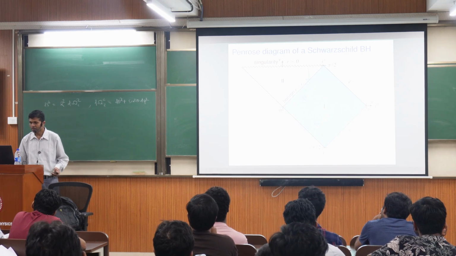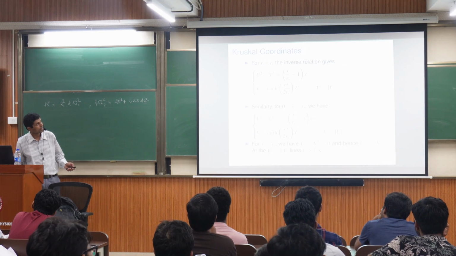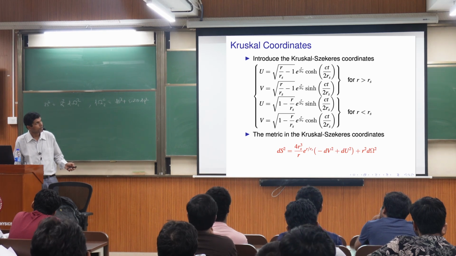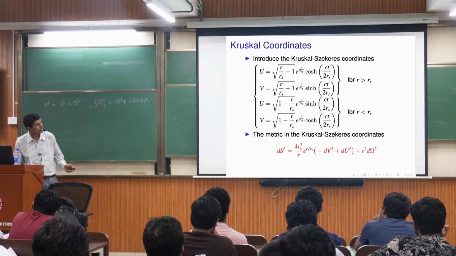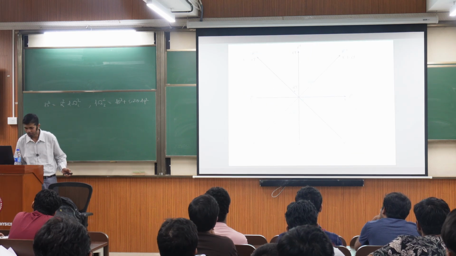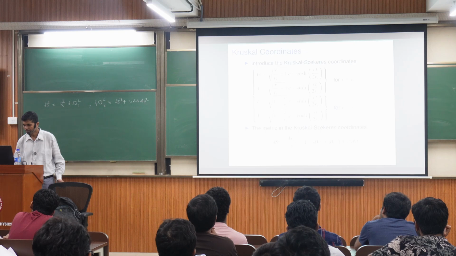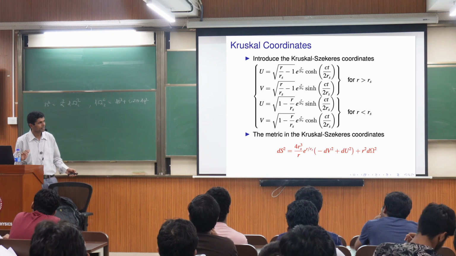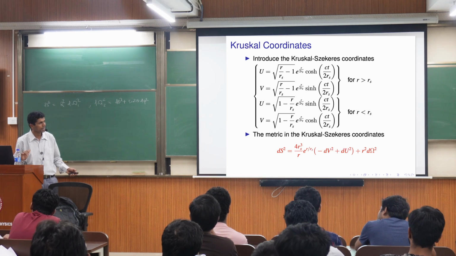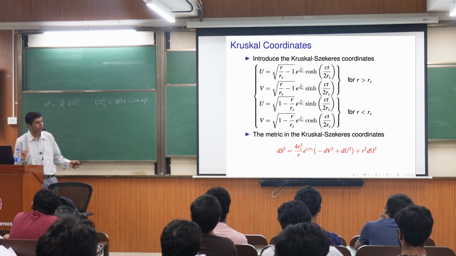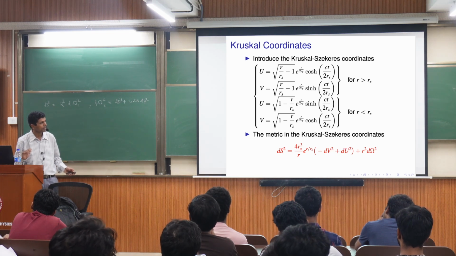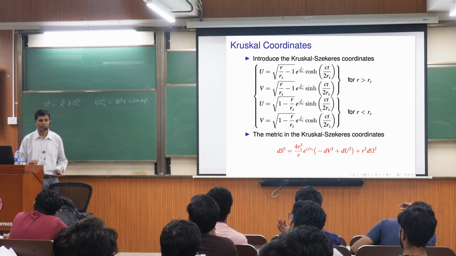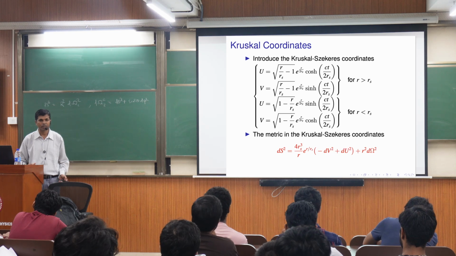But nobody says you have to look at R going from 0 to infinity, T going from minus infinity to infinity. You have this metric, and it makes perfect sense without any reference to R. You can treat it as a function of U and V, and then you can consider this metric for all values of U and V. U goes from minus infinity to plus infinity, V goes from minus infinity to plus infinity.